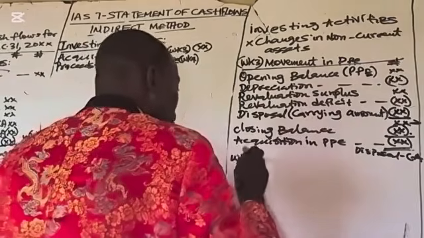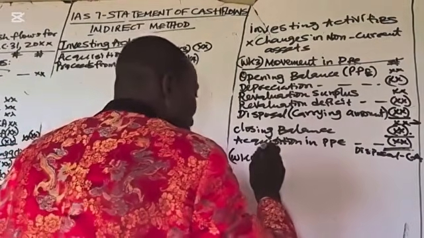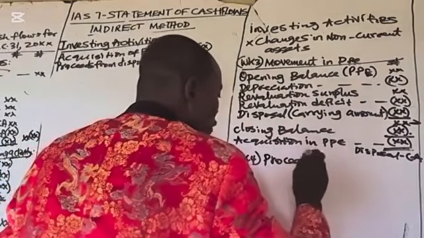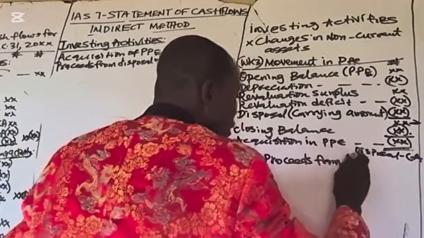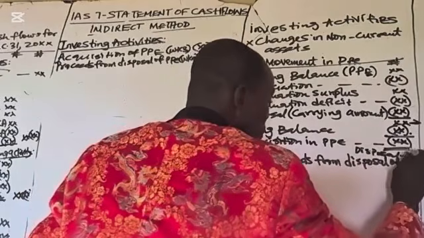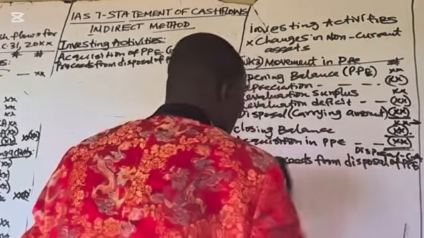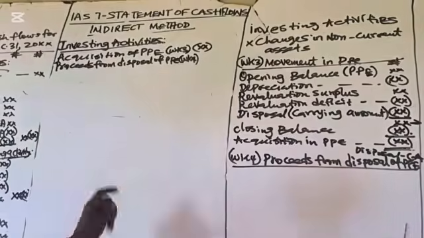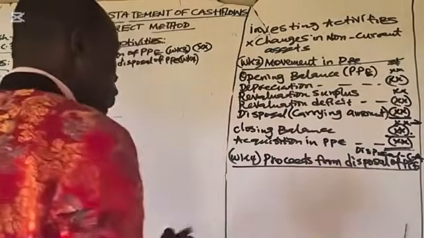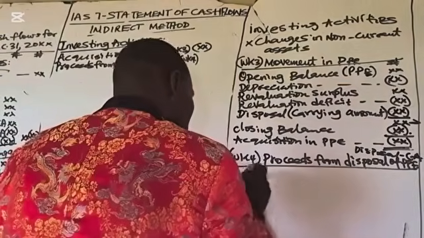Working number 4: proceeds from disposal of PPE. Then you want to calculate the proceeds. The starting point is the carrying amount obtained here.